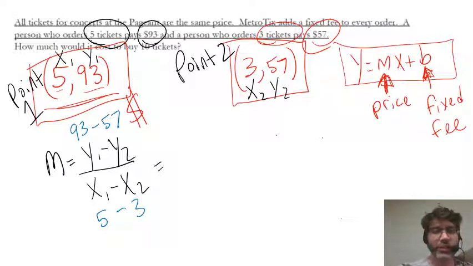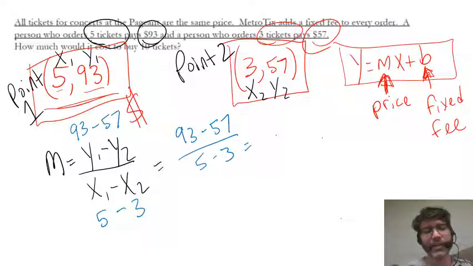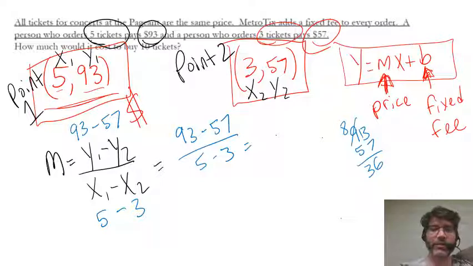Okay, so that's 93 minus 57 over 5 minus 3. 93 minus 57, I'm going to have to do that. Let's see, 93, 57. Carry the 1, that's 36 on top. 5 minus 3, that I can do in my head, that's 2. 36 over 2 is 18.